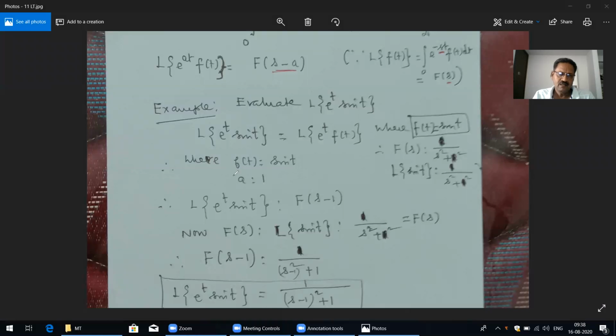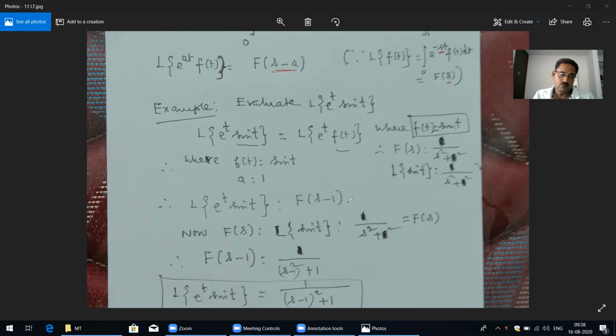By the definition, just replacing a by 1, we get the Laplace transform of e power t into sin t equals F of s minus 1.